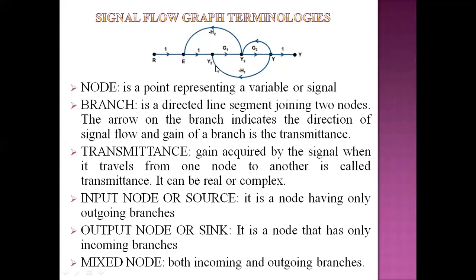Here R, E, Y3, Y2, Y are all variables, whereas G1, G2, minus H1, minus H2 are all gains.